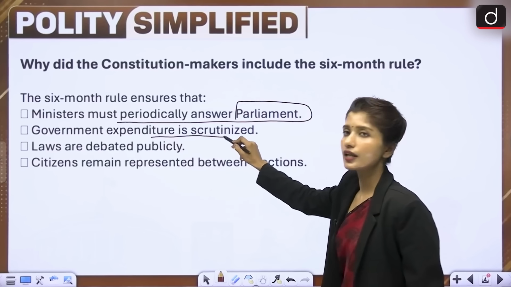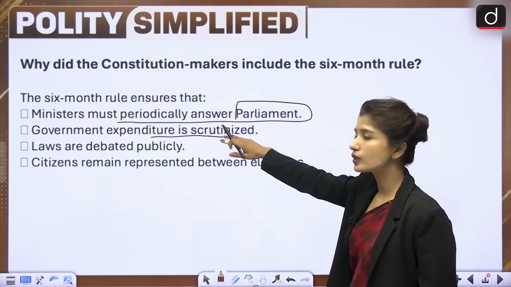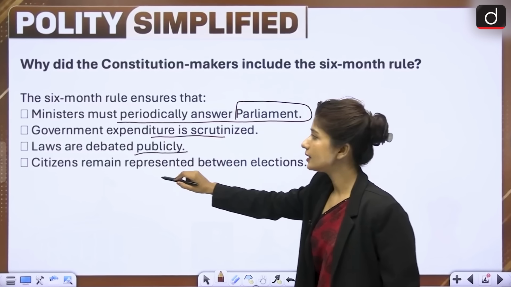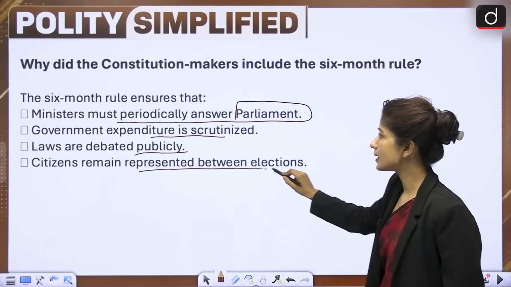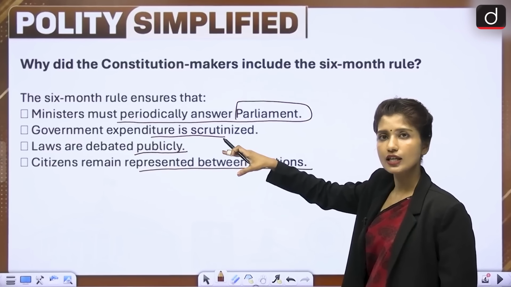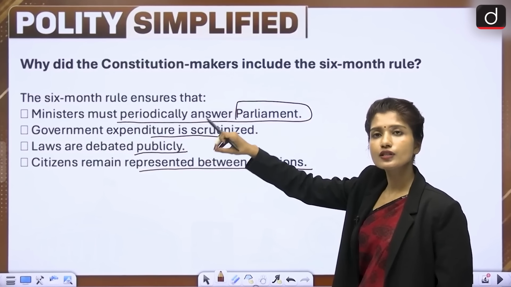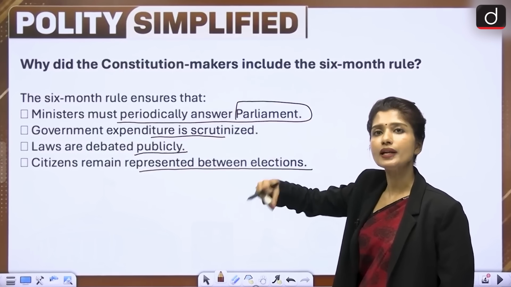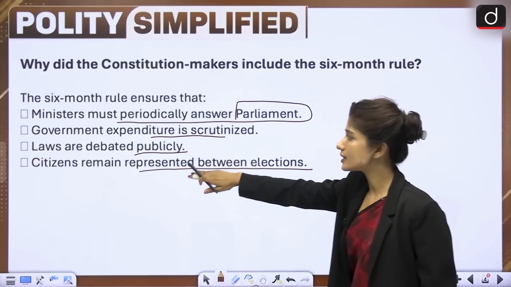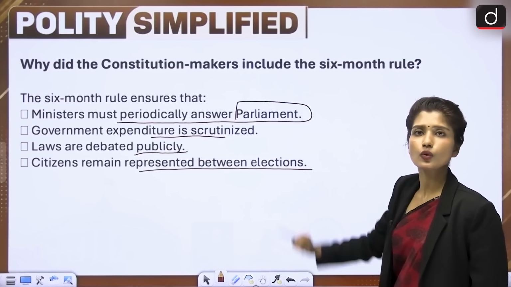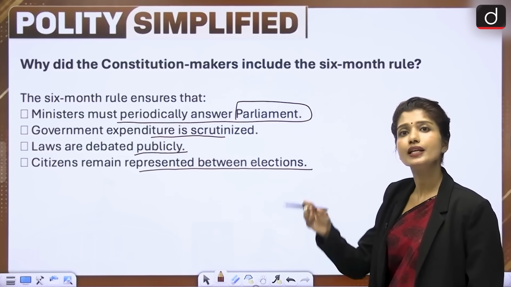Government expenditure is questioned, examined and scrutinized, where they are spending money. And laws are debated publicly. Citizens remain represented between elections because in the legislature, the elected representatives always put the demands of the public in front of the government. So citizens remain represented, and for that, these sessions are required because the debate and discussions happen in these sessions itself.